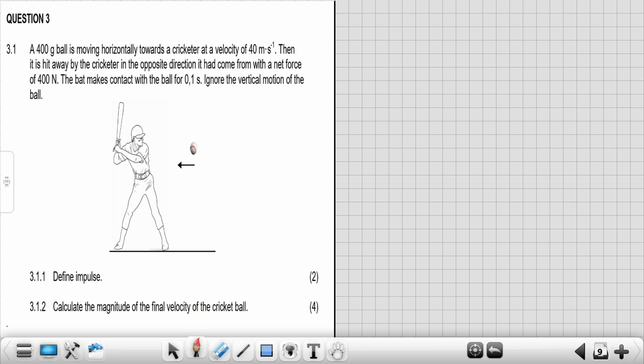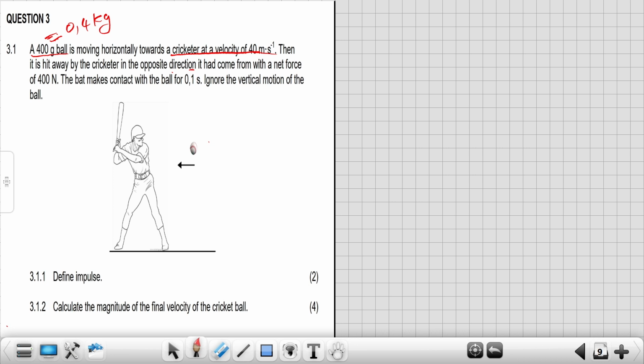Let's highlight what is important. We are given the mass, we are also given the velocity, but already we can see that our mass is in grams, so we need to convert this into kg. When we convert this into kg, we will have 0.4 kg.